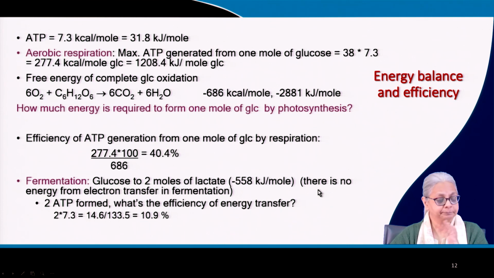And the 2 ATP that are formed can be accounted for. And what is the efficiency of energy transfer? Obviously the efficiency of energy transfer in terms of ATP only is very poor. It's close to 11%.